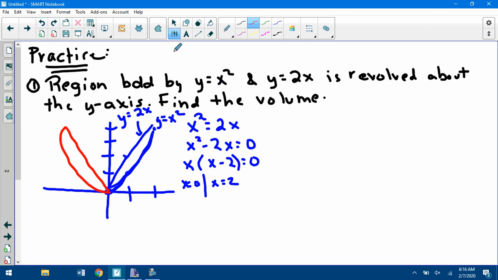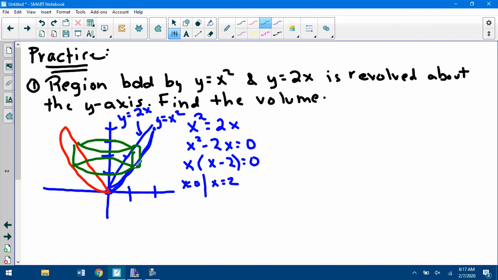So since my equations are already in terms of x, I would say, okay, I want my rectangle to go up and down. So then when I rotate around, it's going to look something like that. And I have a shell.